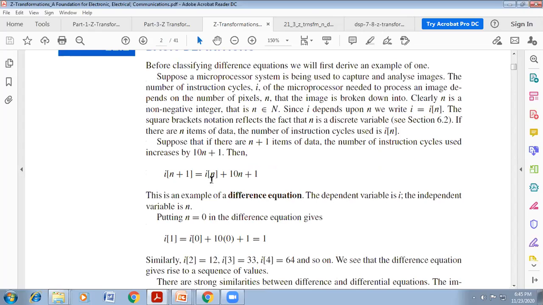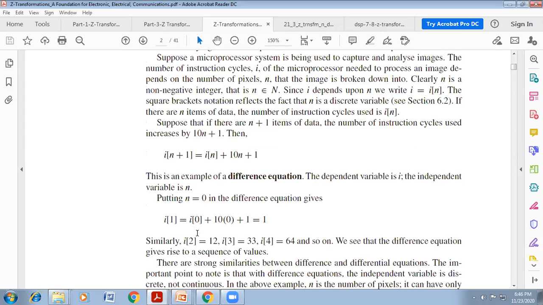Putting n equals 0, we get I1 equals I0 plus 10 into 0 plus 1, which is only 1.